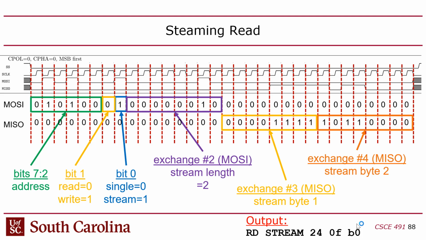And so that means that after that 16-bit header, there's going to be another 16 bits of data, which is F and, what is that, 8 plus 3, that's B0, right? Yeah, so that one should print read, stream, address 24, data 0F, B0, right? Okay, so this way, you interpret the signals as, like I said, basically almost like an assembly language or an English.